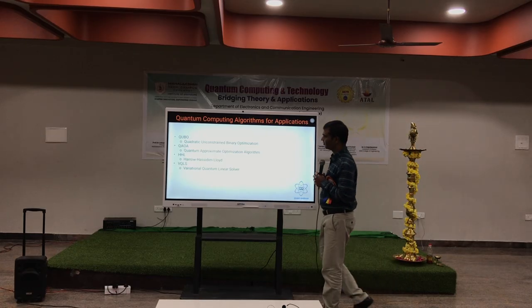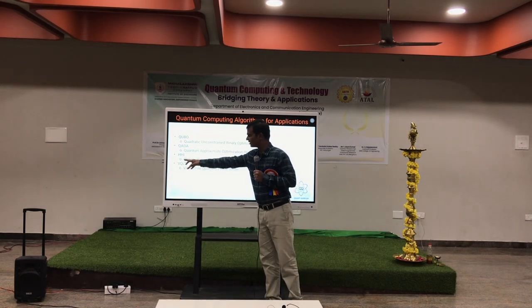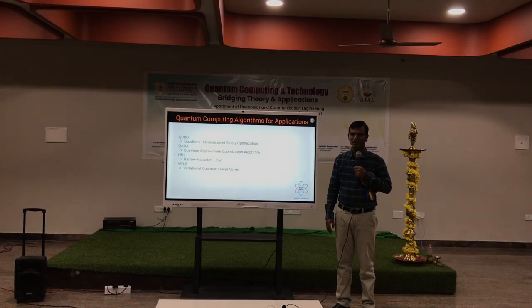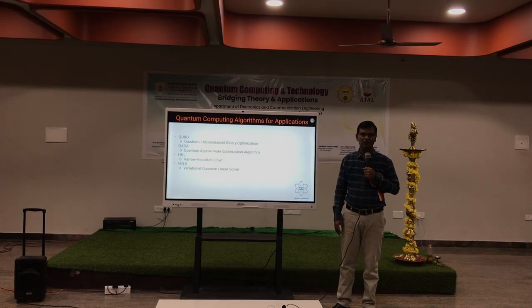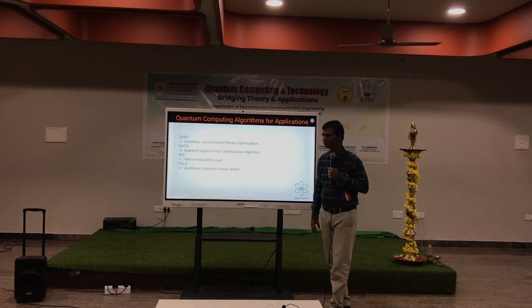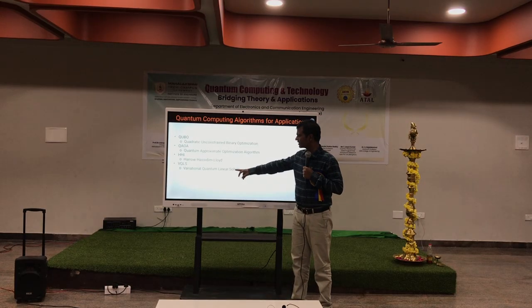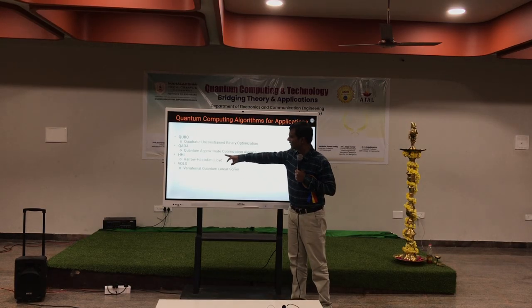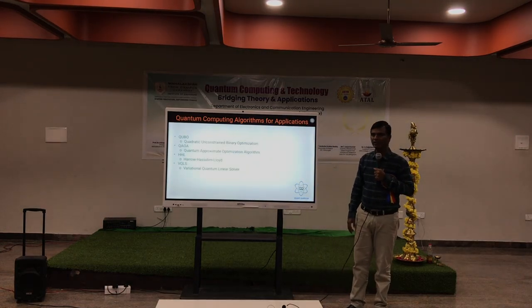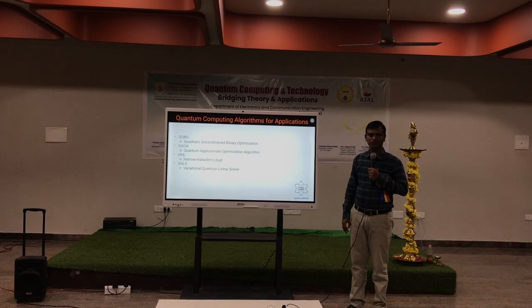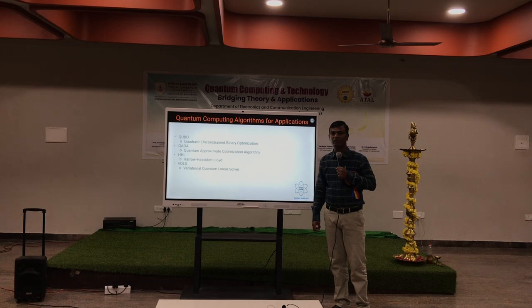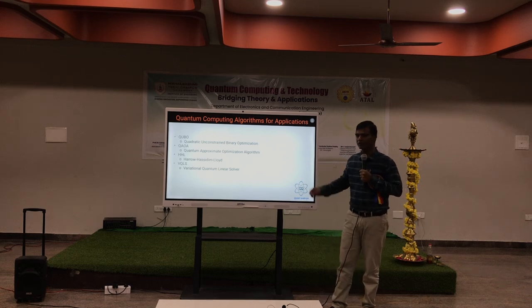Out of this, HHL, Harrow-Hassidim-Lloyd, is the algorithm that is used for solving complex linear algebra problems. And the variational quantum linear solver and the quantum approximate optimization algorithm are mainly used for optimization problems. That is in QML, in the hybrid model. Again, you will be introduced to that also.